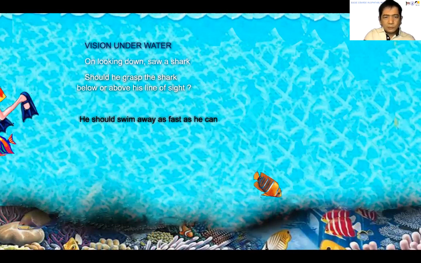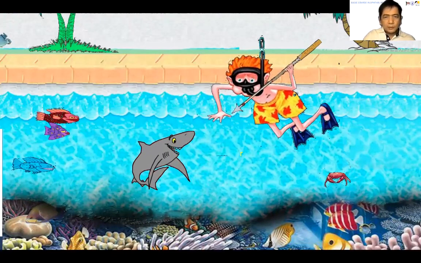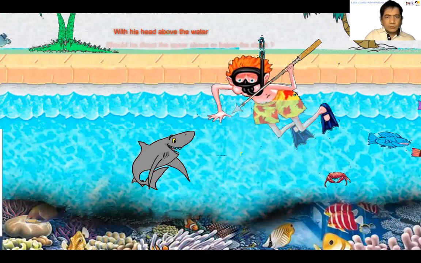While if this swimmer's head is above the water, and he plans to spear the shark, he should analyze it very well. Should he direct the spear above or below the shark?